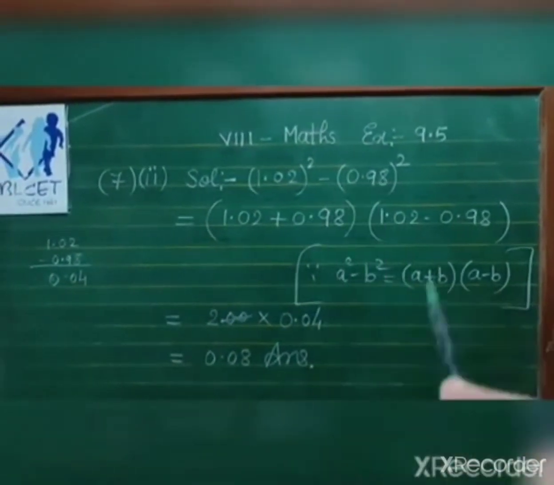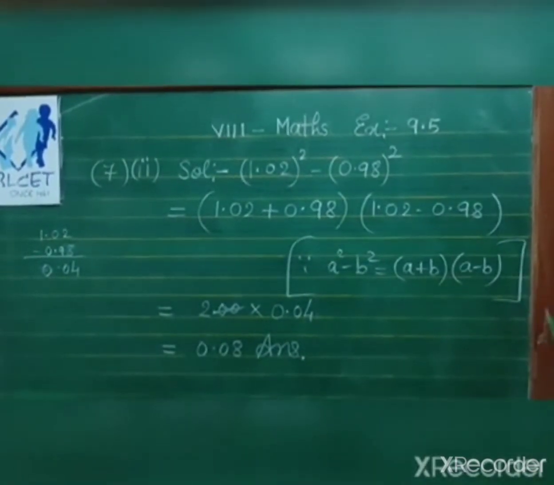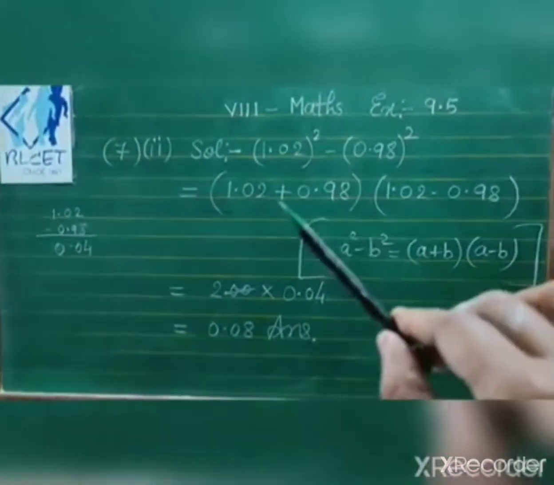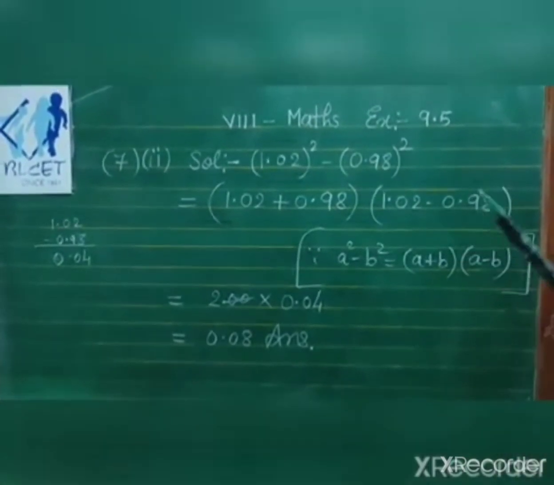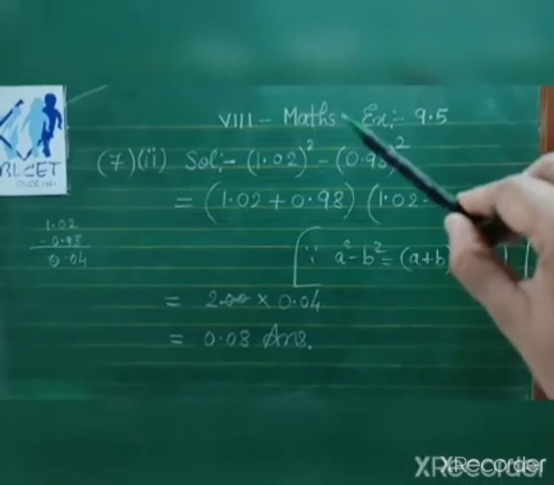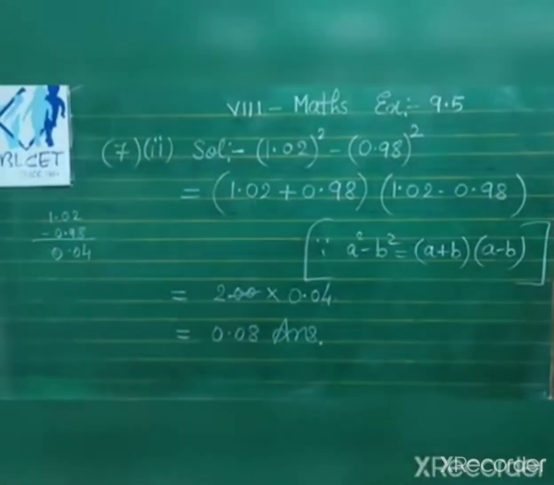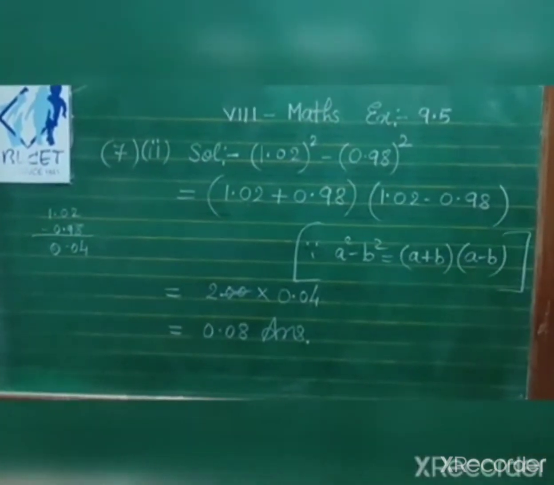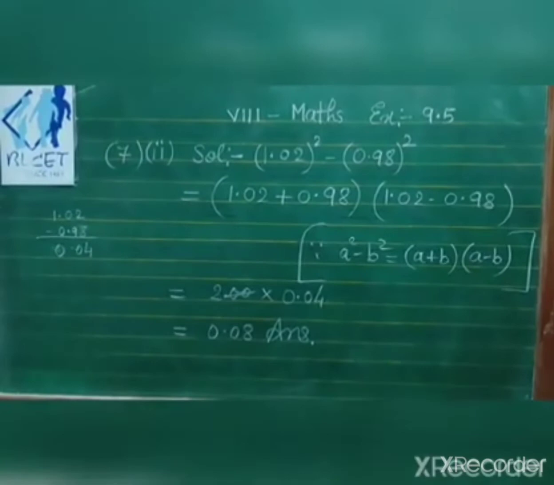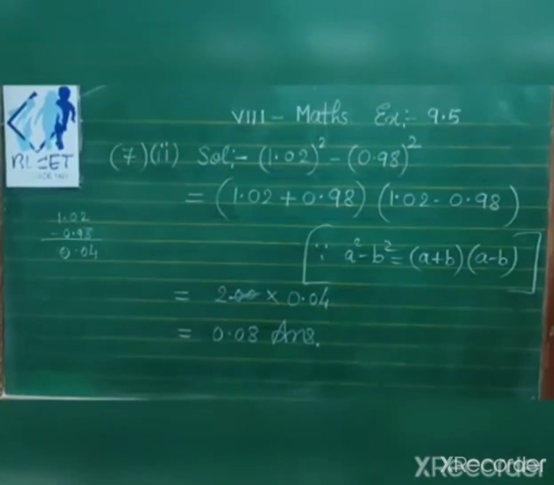Students, now in the 7th question we have to use this identity and we have to calculate the value of this. Okay, a square minus b square is equal to, in the bracket a plus b, in the bracket a minus b, you can see here. So 1.02 plus 0.98 and 1.02 minus 0.98, because individually square with negative sign is there. So 1.02 plus 0.98: 8 and 2 is 10, 0 carry over 1, 9 and 1 10, 0 carry over 1, and 1 and 1 2.